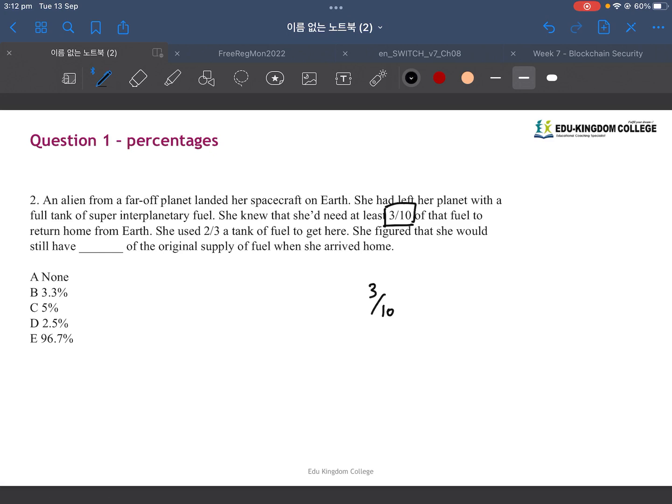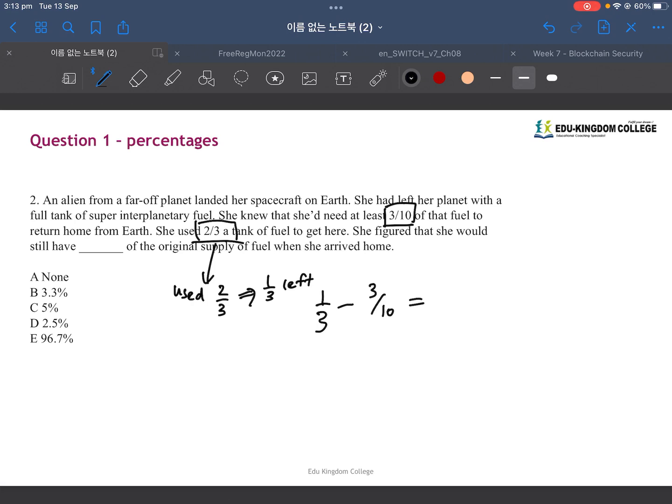If we used 2/3, it means what? Used 2/3 means 1/3 left. That's the important thing of this question. 1/3 left. Meaning that 1/3 minus 3/10 is going to give us how much fuel she would have left after she reaches home, wouldn't it?